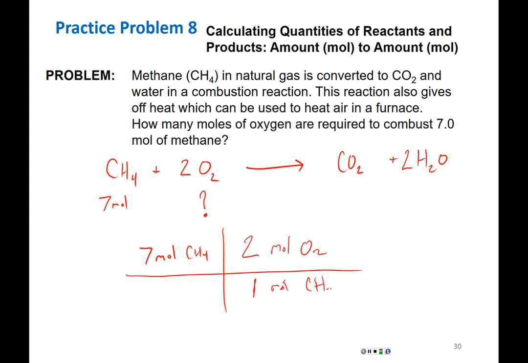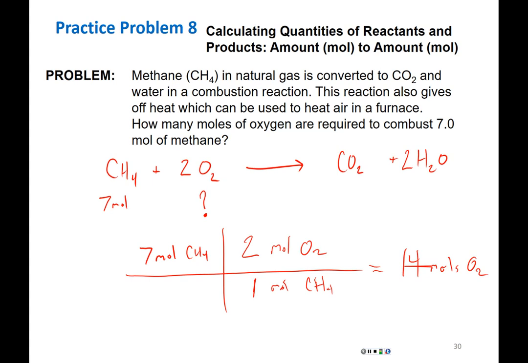And so those are the coefficients straight from this chemical equation. So we're going to get 14 moles of O2. Okay, so that's simple.